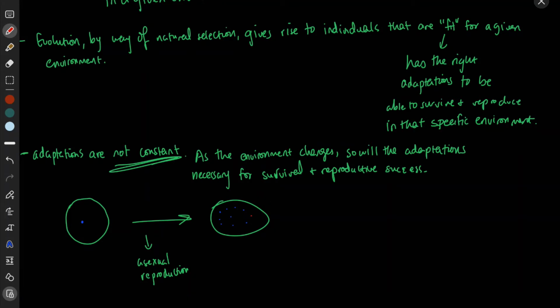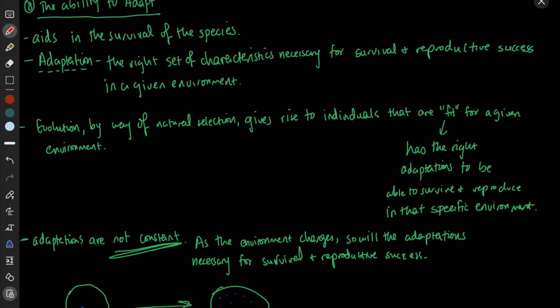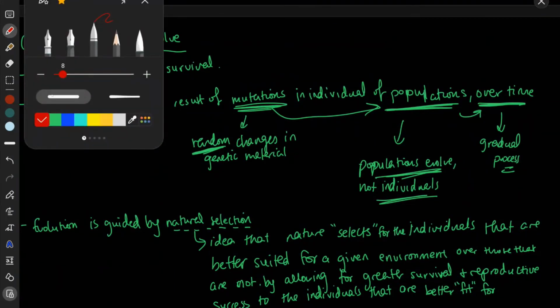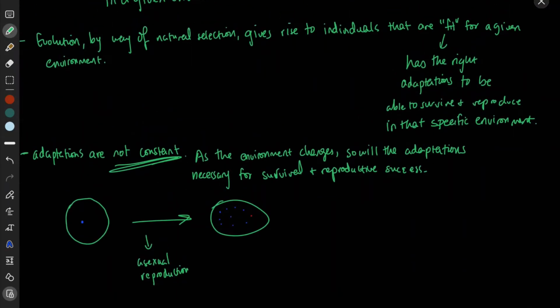So let's say that out of these 10 colonies, one of the colonies has individuals that contain the antibiotic resistant gene, and that antibiotic resistant gene came about through just random changes in hereditary material, or better known as mutations, right? So the rest of the colonies have the exact same genetic makeup as that of the parent, and originally the parent colony does not contain any antibiotic resistant gene.